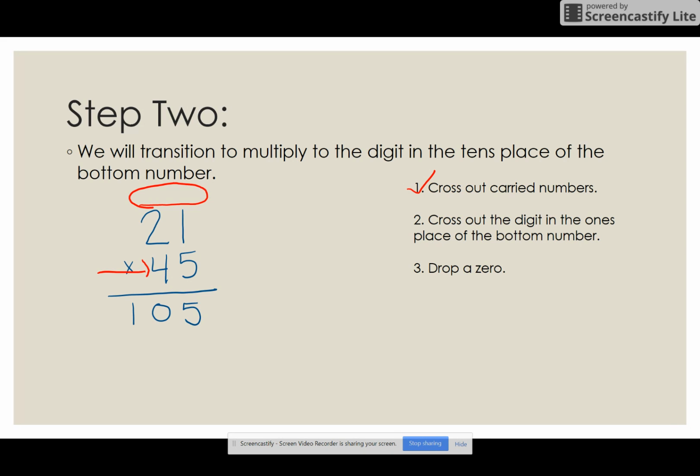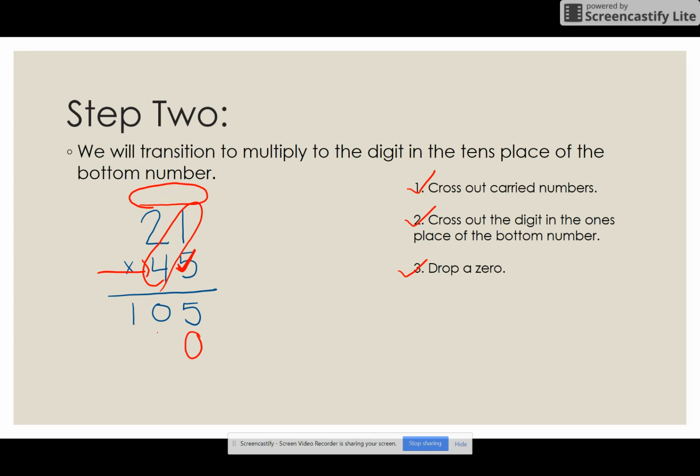The second thing I need to do is cross out the digit in the ones place of the bottom number, so I know not to mess with him, which would be this 5 that we just multiplied by. Then I need to drop a 0 down below my answer, because we are moving into multiplying the tens place, no longer the ones place, and I need to make sure everything is lined up.